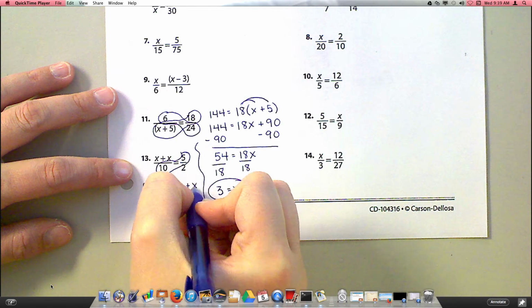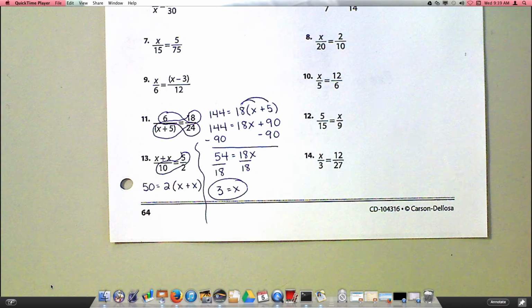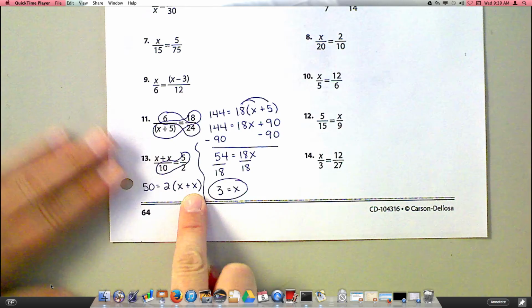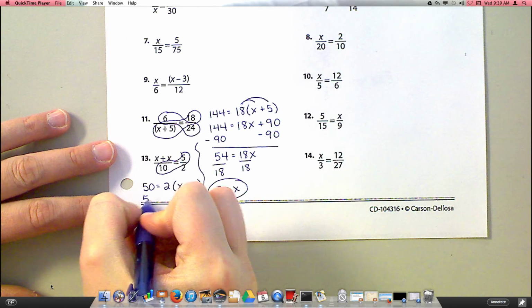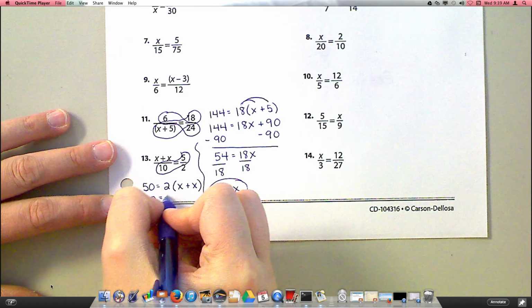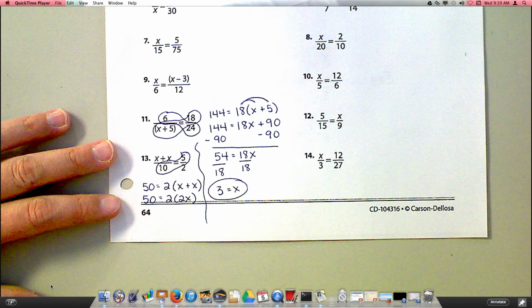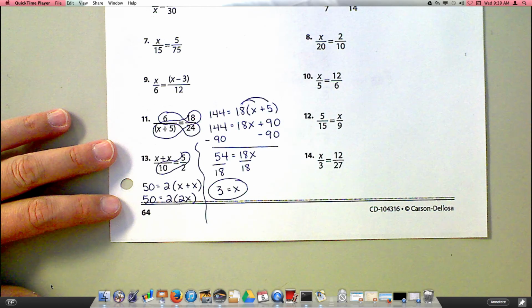Let's make our life a little easier. You just combine them. Okay, not 4x. Well, it will be 4x in a minute. What is x plus x? 2x. So I could have written this as 50 equals 2 times 2x. And then, Darian, what is 2 times 2x? 4x, yeah.